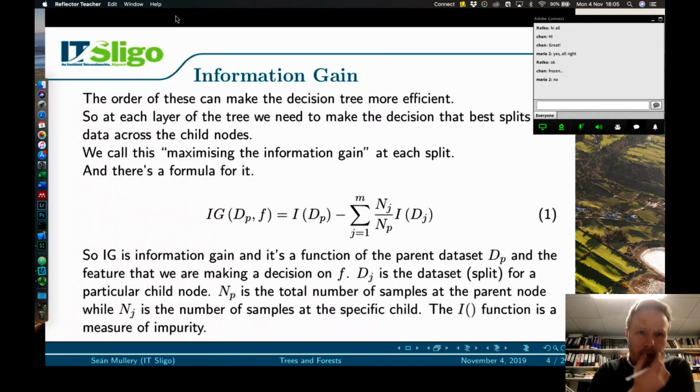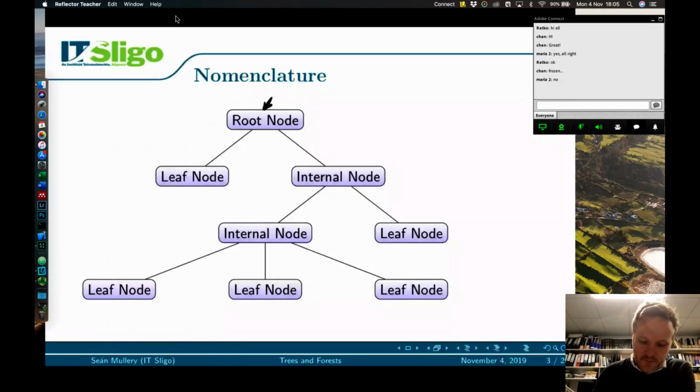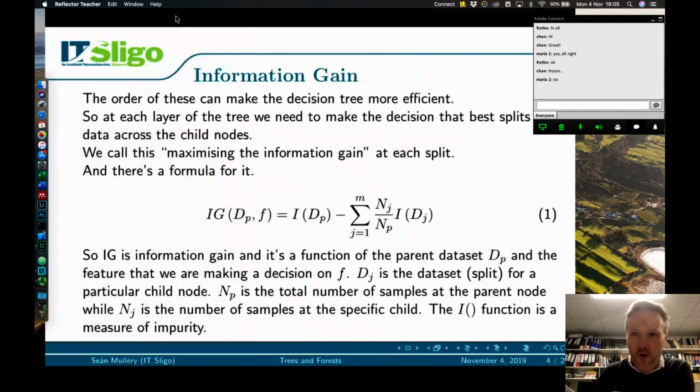So the order of these can make the decision tree more efficient. The idea is that if we start making decisions here, there's different orders that we can make our decisions in for making our tree, but depending on the order we make, we might end up having a much bigger tree than is the optimum. Okay, and there's no perfect way of making the optimum tree, so we always try to have these kind of heuristics to try and get us there.